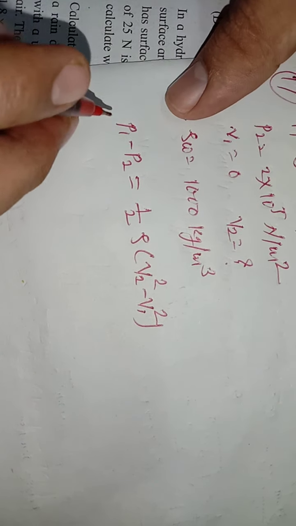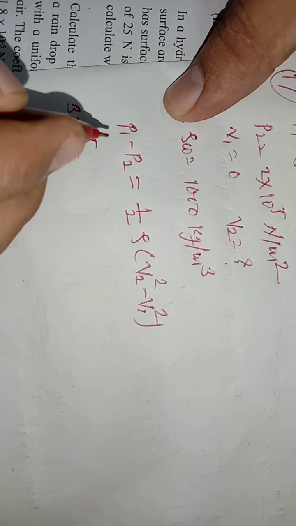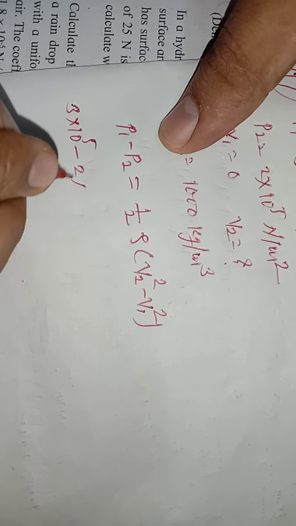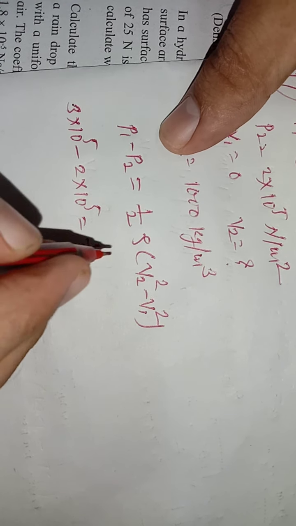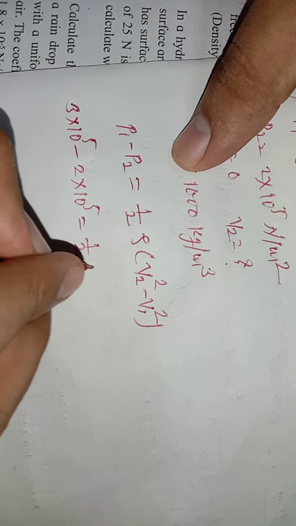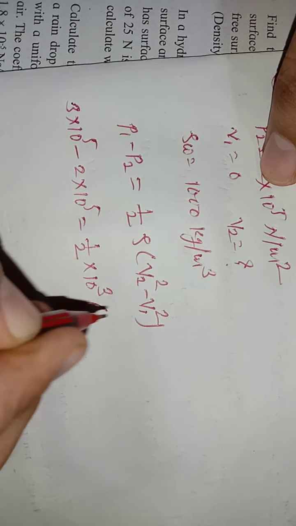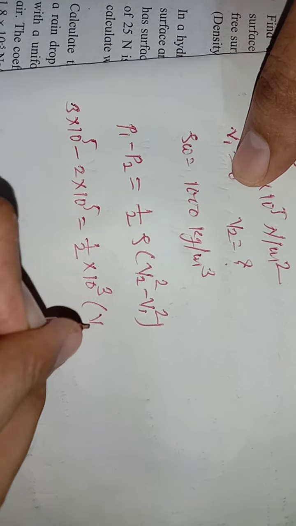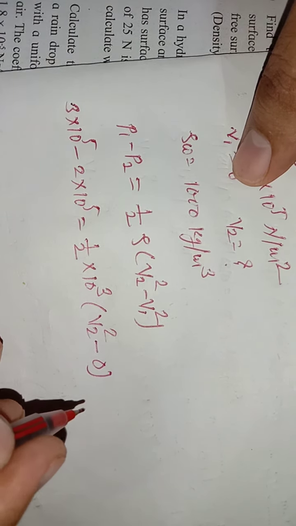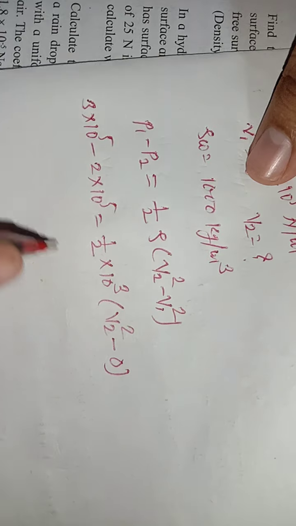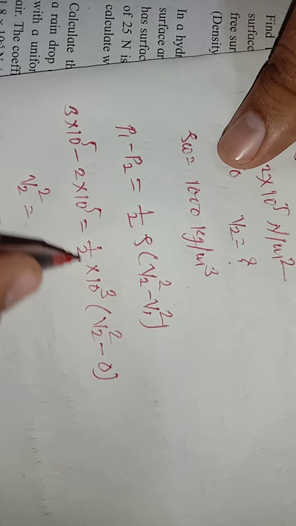So put the magnitudes. P1 we already know, 3 into 10 raised to 5, minus P2, 2 into 10 raised to 5, is equal to 1 by 2, rho is 1000 or 10 raised to 3, in bracket v2 square minus v1 square, where v1 is 0. So v2 square is equal to what?